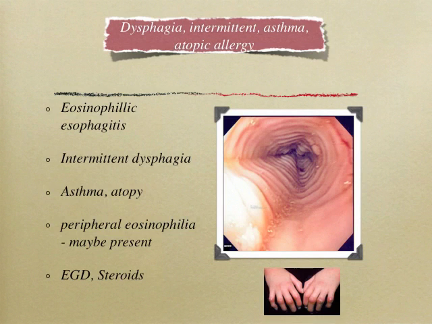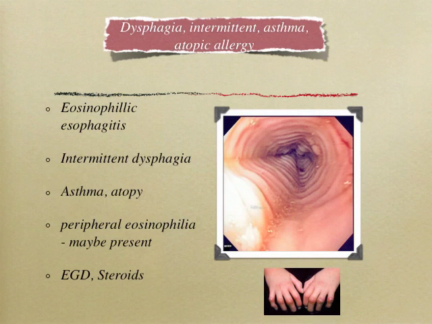So these patients may present with GERD-like symptoms, may present with intermittent dysphagia to solids. So now if you're seeing dysphagia in the young, you have to think about pills, you have to think about achalasia, and the last one to think about is eosinophilic esophagitis.